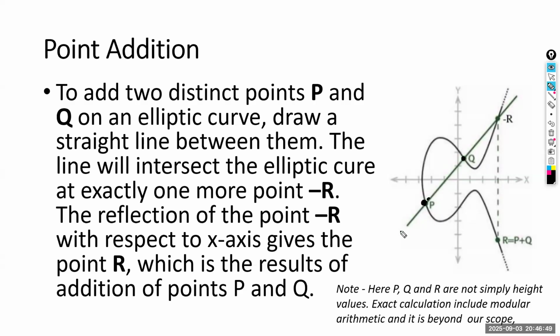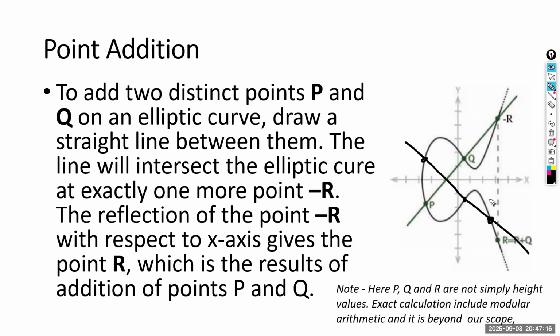Then you draw a line connecting these two points, and it is going to cross your elliptic curve in another point because elliptic curves have this shape, right? So for example, if it is these 2 points, it is going to cross somewhere here. Okay. If those 2 points are this one and this one, it is going to cross somewhere here.